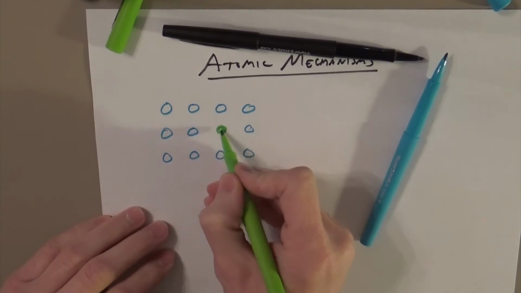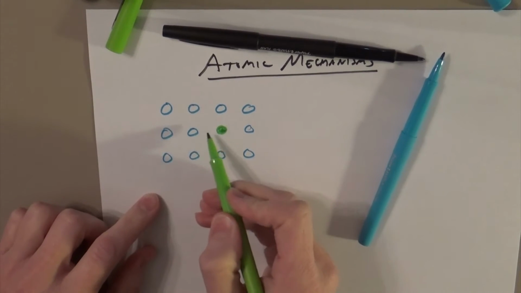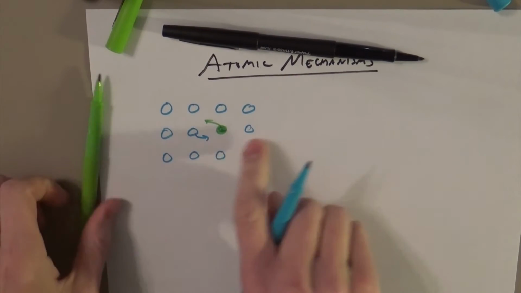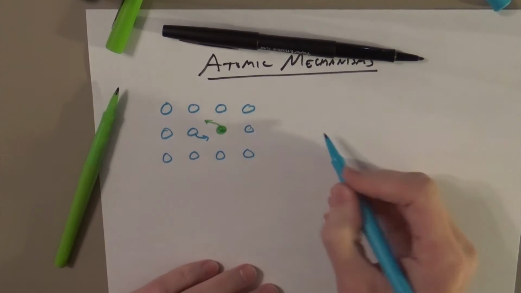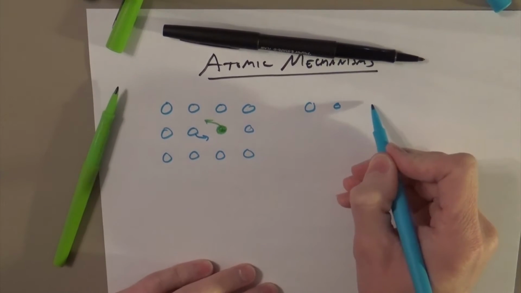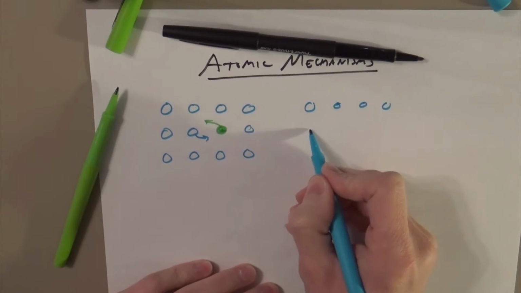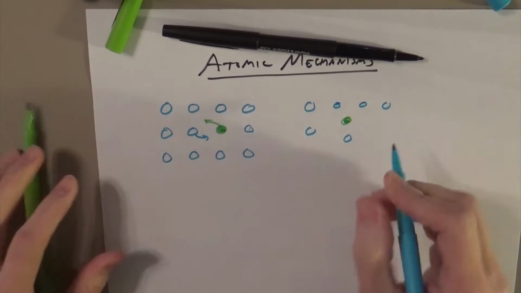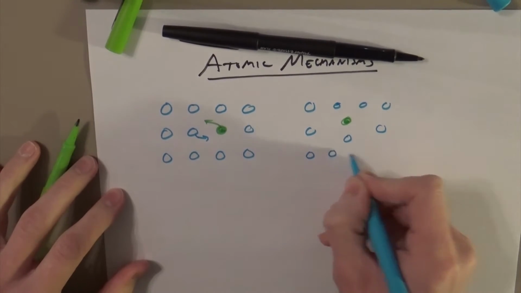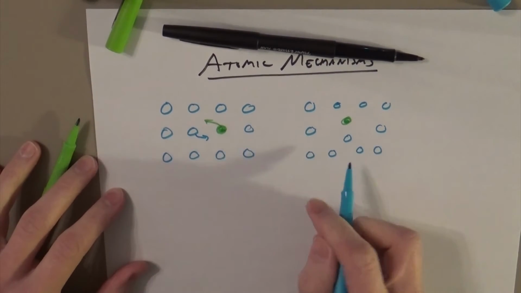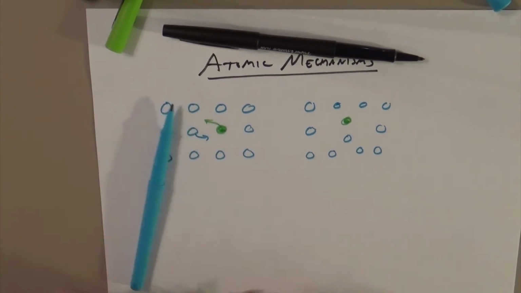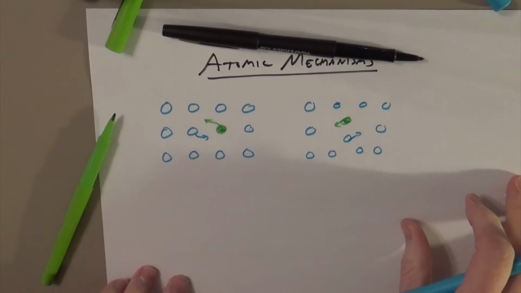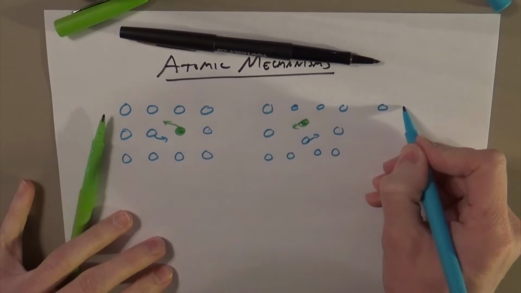And in order for this green atom to diffuse here to the right, what would happen is it would have to trade places with the blue atom. And what that means is that at some point, you're going to have some structure like this. So you have some intermediate, and then ultimately you'd wind up with something like this.